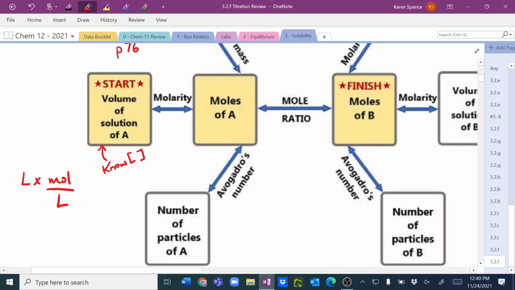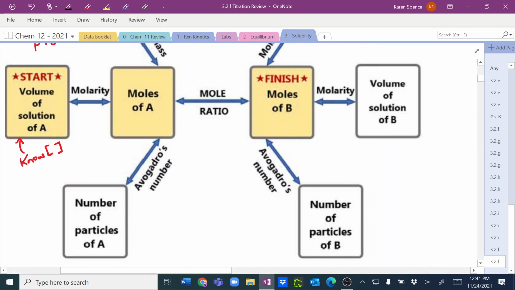What can you find? Everybody, if you know liters and you know moles per liter, what can you find? Moles. Excellent. So you're going to have one substance where you know both the concentration and the volume, and from that you will calculate the moles. All right?